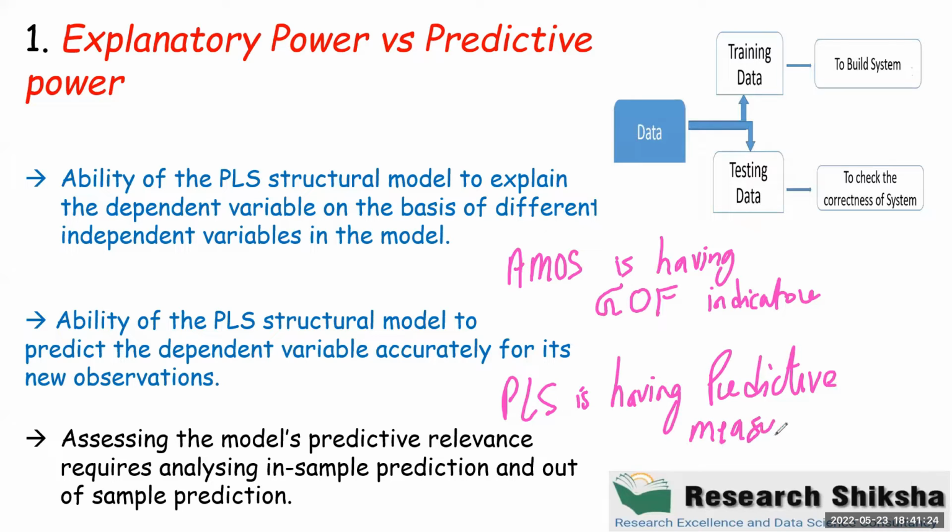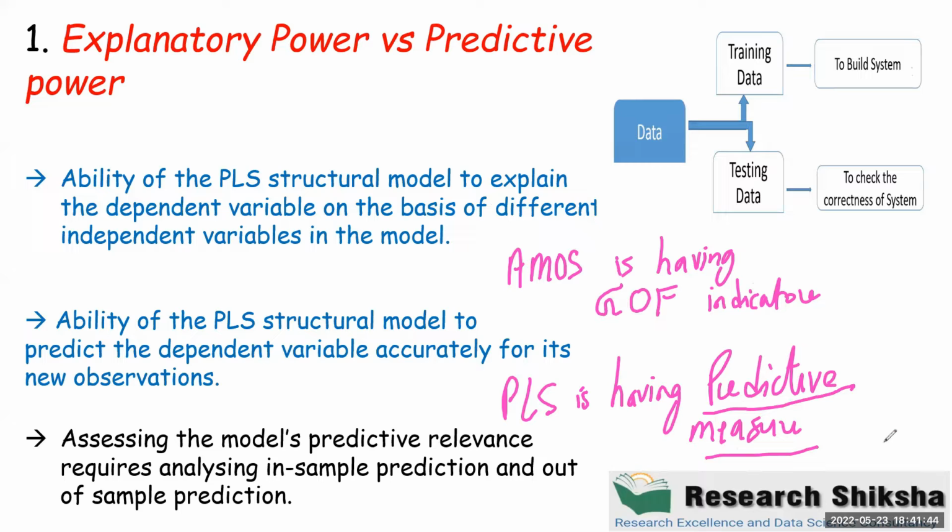This is the basic difference between PLS and AMOS. AMOS does not have the predictive measures, and PLS does not have the goodness of fit indicators. So this problem of AMOS is solved by PLS by providing you the predictive measures.